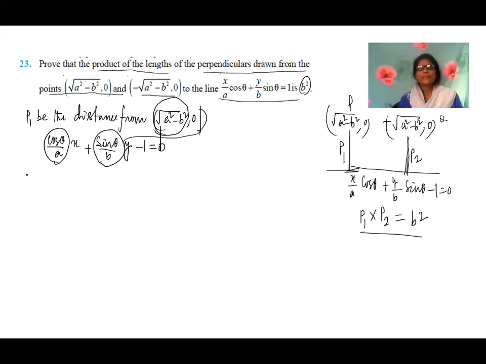So P1 is equal to the modulus of √(a² − b²) cos θ/a + 0 − 1, divided by √(cos² θ/a² + sin² θ/b²).